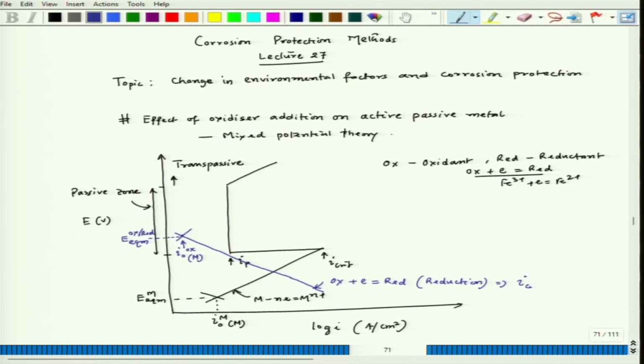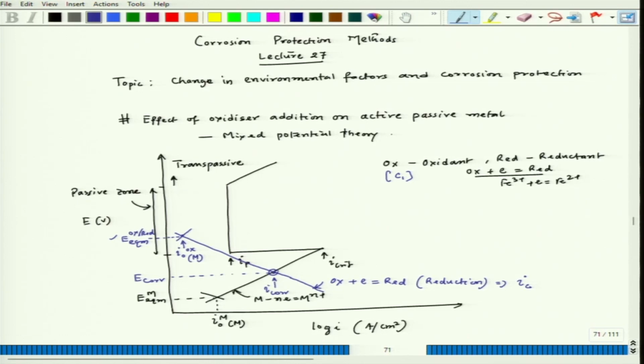Now, here at a particular concentration level, let us say this is the concentration level C1, the equilibrium potential that is developed on the metal surface for that reduction process is this one, and the corresponding I0 is this for that oxidant reduction process. Now, it is cutting at this location. So, this will be my mixed potential, which corresponds to E corr, and this corresponds to I corr.